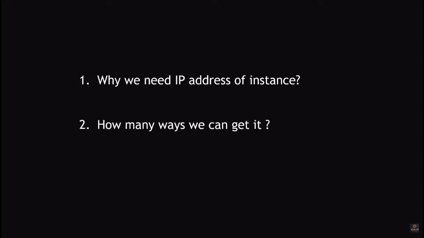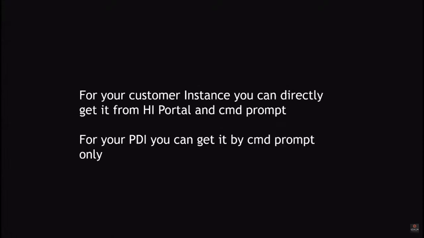How many ways can we get it? Like how to find the IP address of your personal instance or your customer instance. For your customer instance, you can directly get it from the HI Portal. If you have a customer instance, you will get the HI credentials. You can open the HI Portal and see your IP configurations, like clicking on My IP in Service Portal.